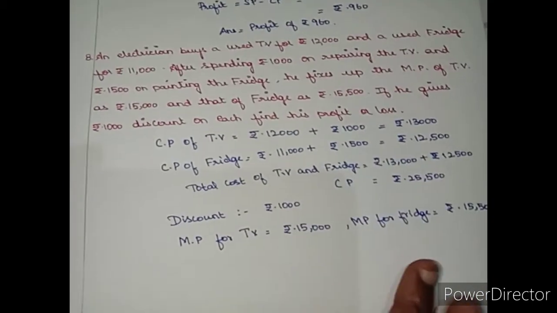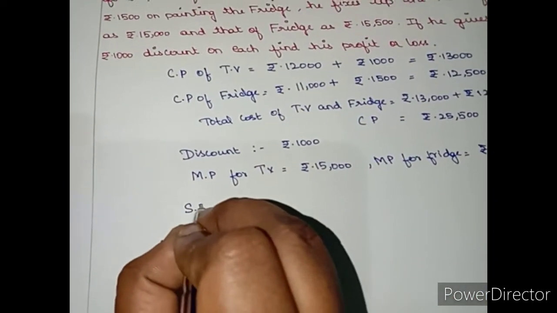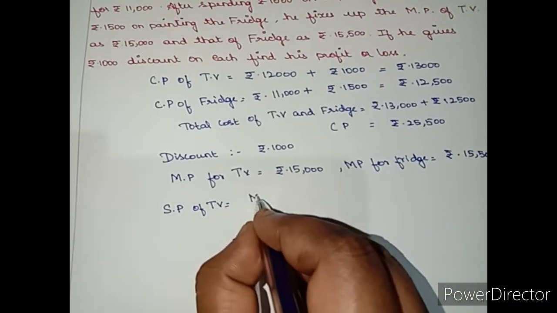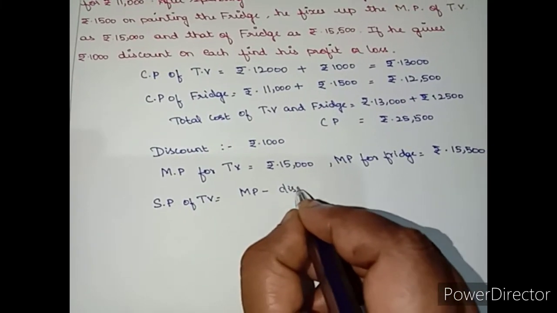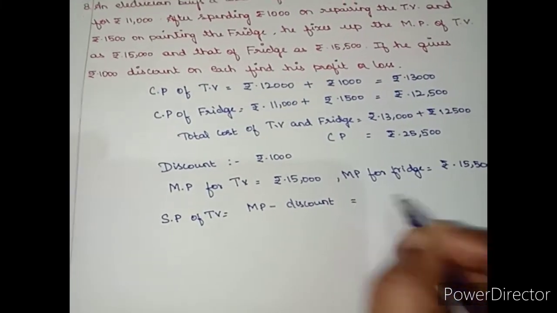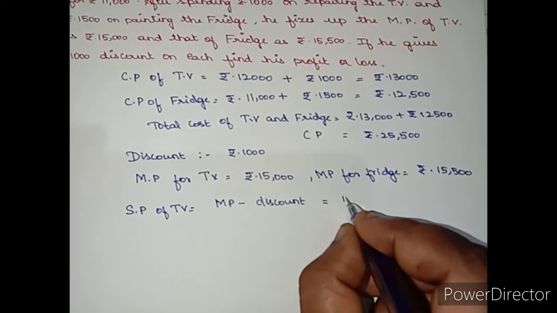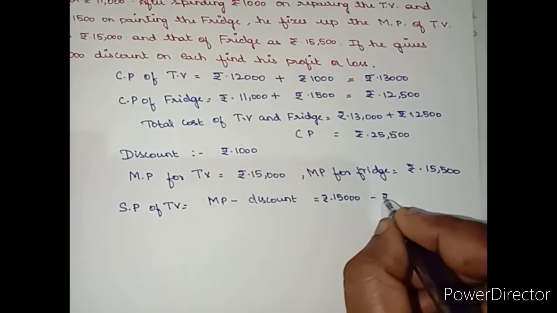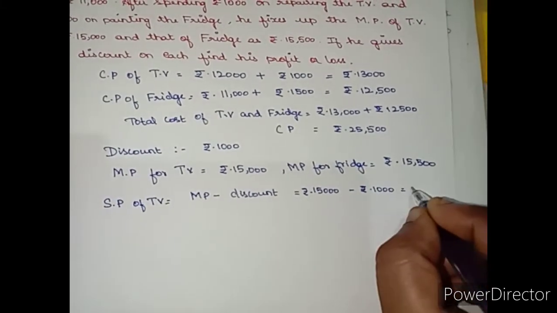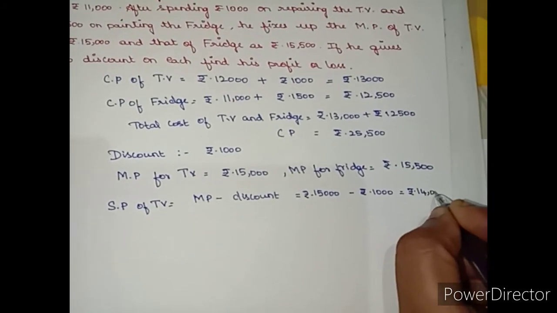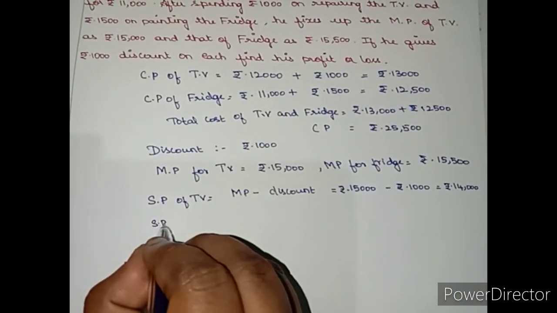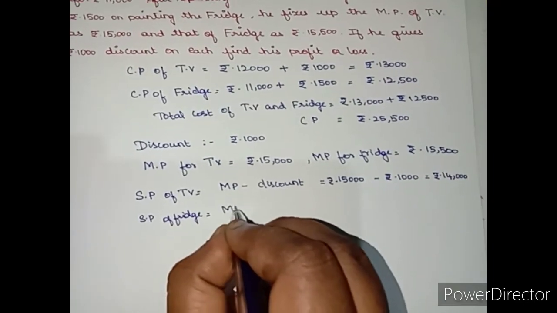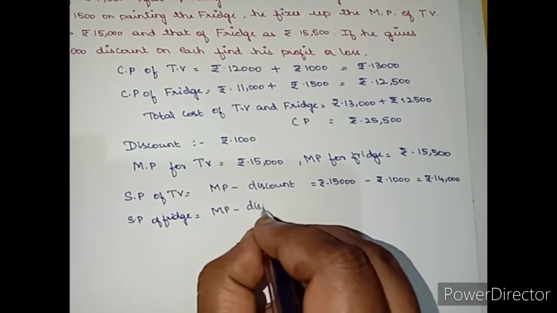So now we have to find the selling price. SP of TV is equal to MP minus discount. That is, what is the MP of TV? It is 15,000 rupees minus rupees 1,000. So it is 14,000. Then SP of fridge is equal to same MP minus discount.